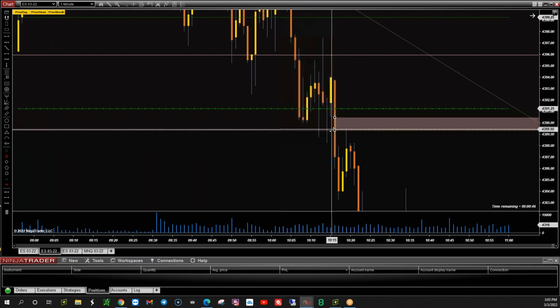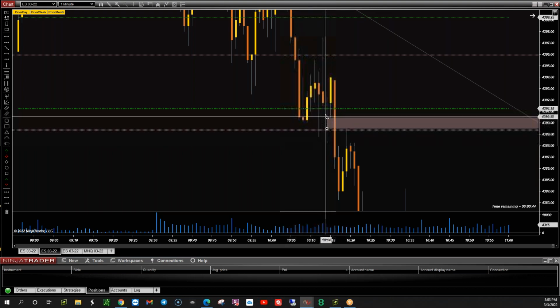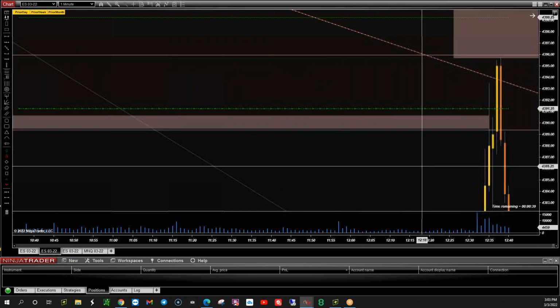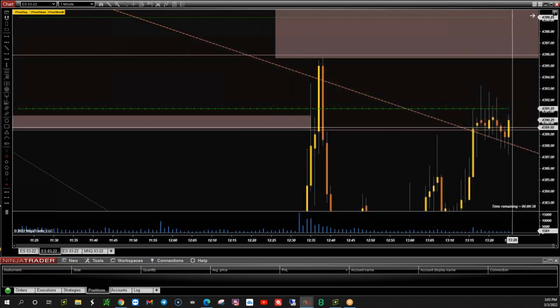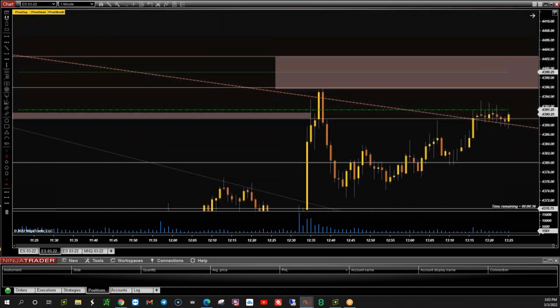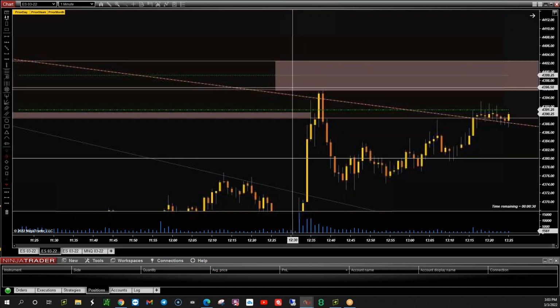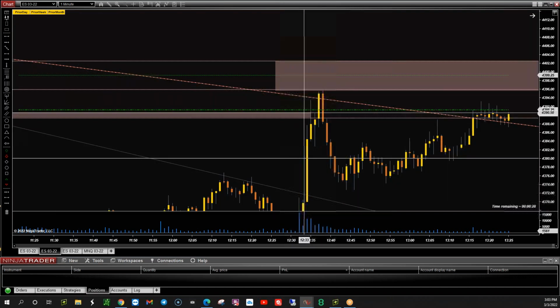So this would be like an updated fair value gap that was remaining. So we move back to the box. So beneath my trend line, we have a fair value gap still remaining.